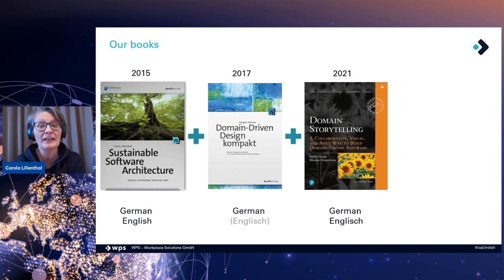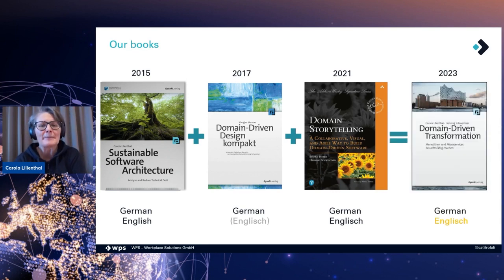In 2021, my colleagues Henning Schwentner and Stefan Hofer wrote their book about domain storytelling, in which they introduced a lightweight method that combines a simple graphical notation with a workshop format to capture business processes and find subdomains. And finally, Henning and I combined these three topics and completed this summer the German version of our book, Domain-Driven Transformation. The English version will come out next year, so the translation is on its way. I hope you will enjoy that book too.